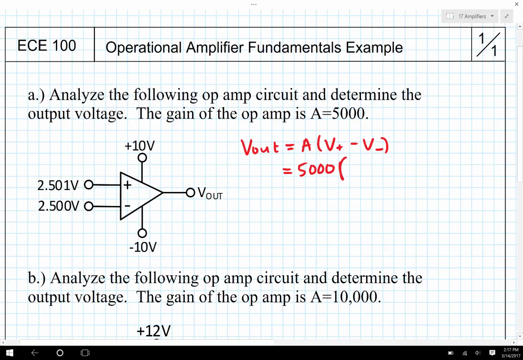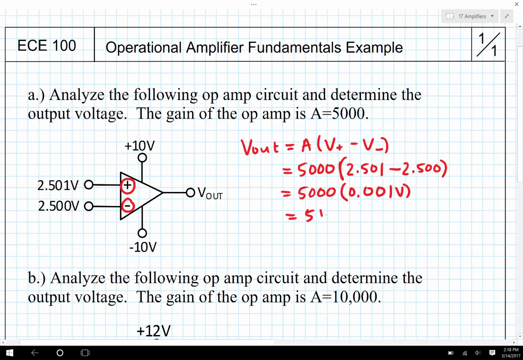In this case now, V plus, remember that the plus sign here is going to indicate the V plus. So this is 2.501 minus V minus, that's the one that's attached to the negative sign, 2.500. And therefore this is 5,000 times 0.001 volts.